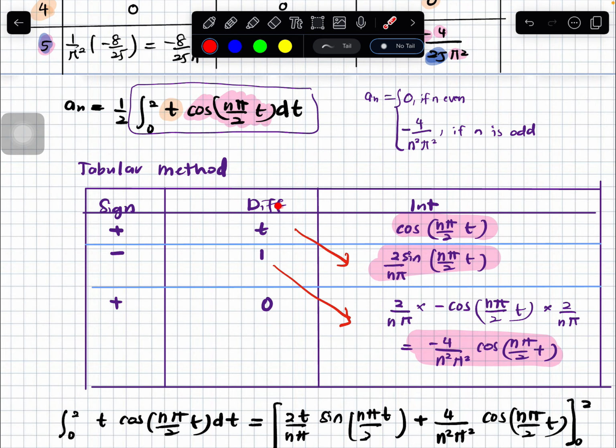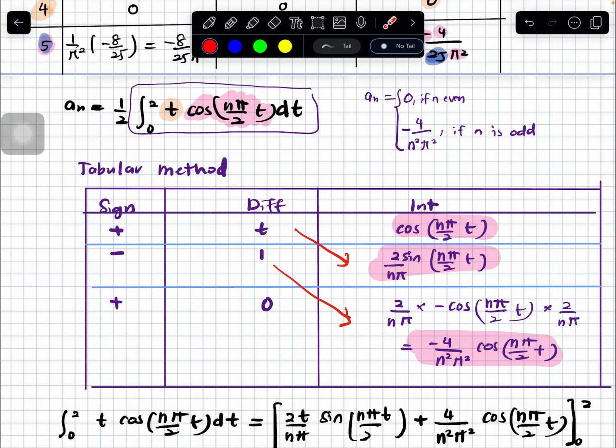For the differentiation column, we just pick the function that we want to differentiate, and we always use polynomials, so we choose t to differentiate, and the differentiation of t is equal to 1, and if we differentiate 1, we get 0. After we get 0, we put a stop, that is the last row.